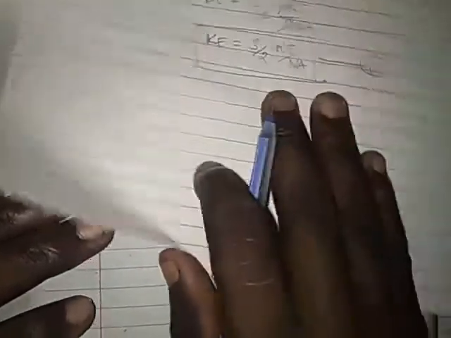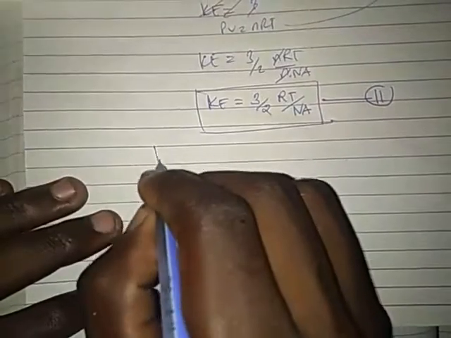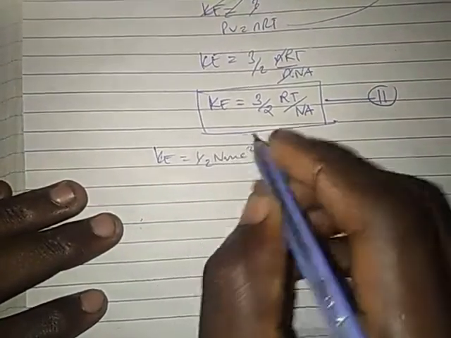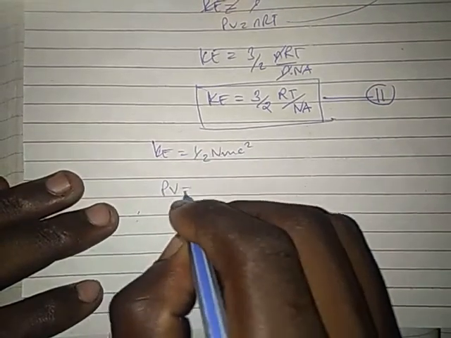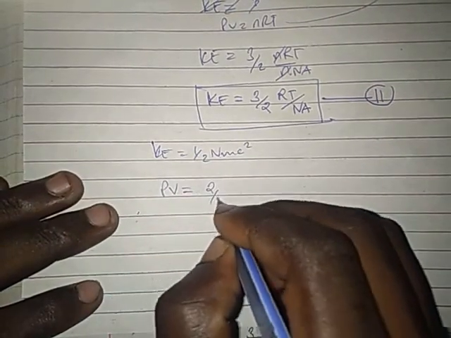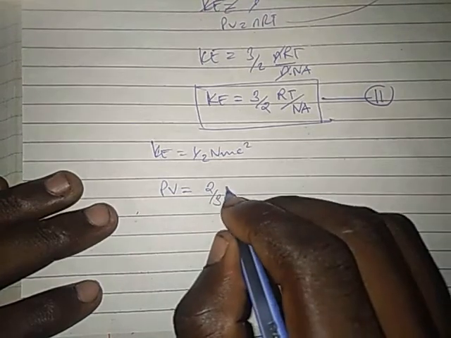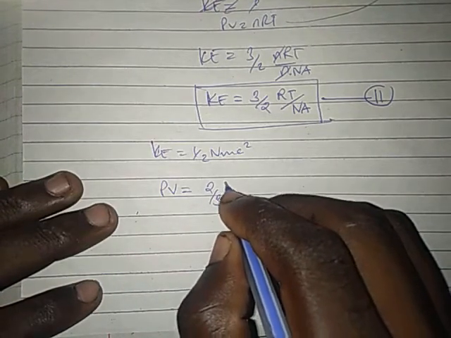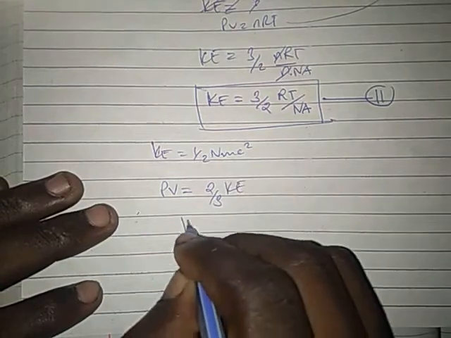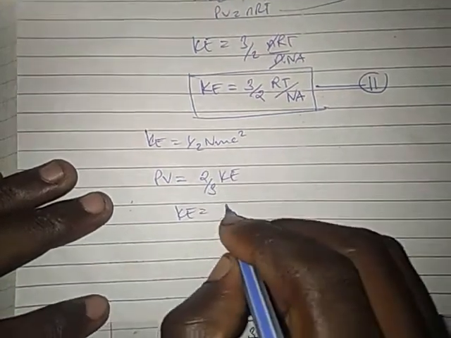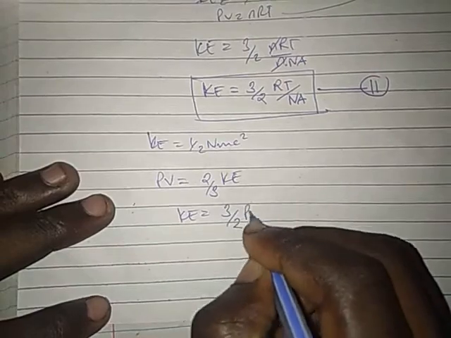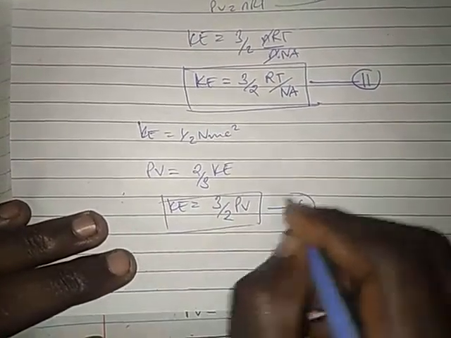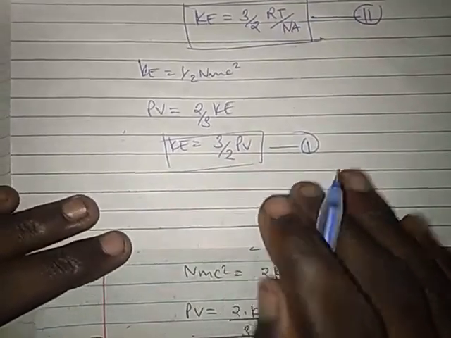For the kinetic energy of many molecules, we go back to kinetic energy equal to half nmc square. So PV is equal to 2/3 of the kinetic energy. So kinetic energy will be equal to 3/2 PV. We call this equation 1. This is the kinetic energy of many molecules.